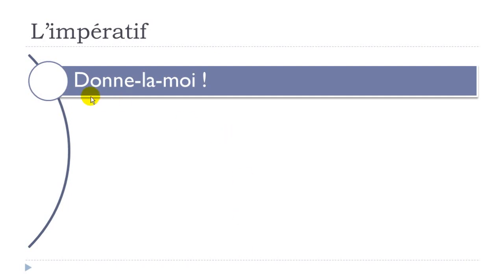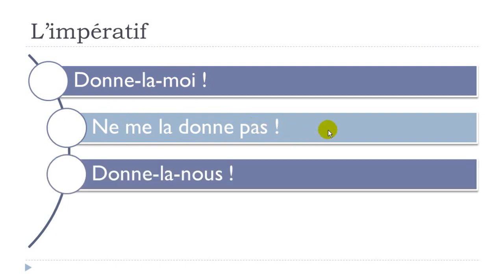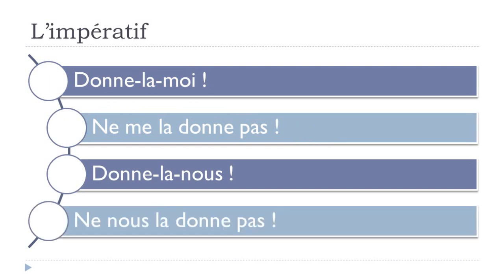So you put them after your verb, like that. But of course, when you put the negative form, then you put them back. Look, ne me la donne pas. Donne-la-moi, ne me la donne pas. Then donne-la-nous, and it will become ne nous la donne pas.